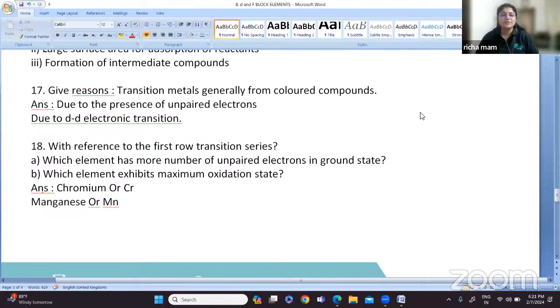Can you tell me the elements in the first row of the transition series?